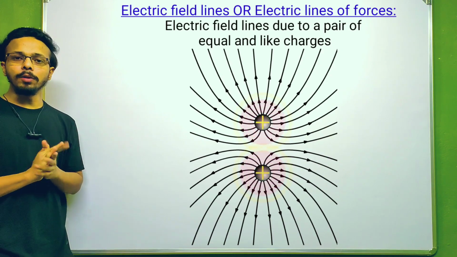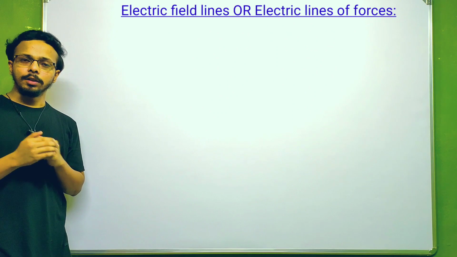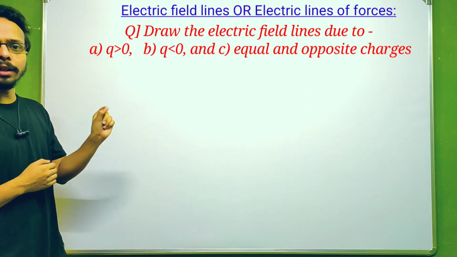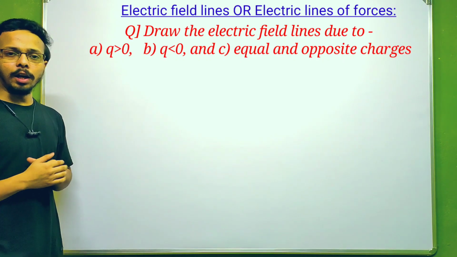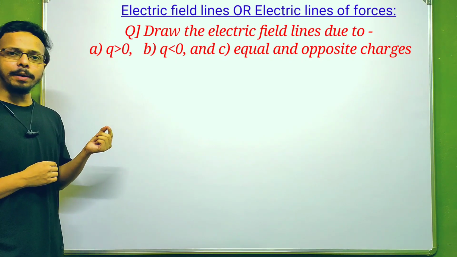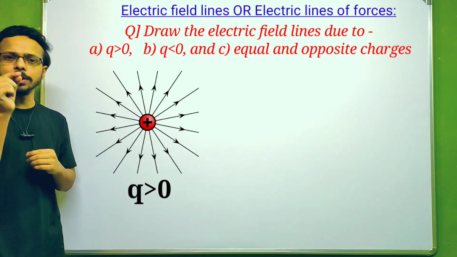Okay? So on this there might be an important question, that is, draw electric field lines due to Q greater than 0, Q less than 0 and due to the pair of equal and opposite charges. Now what does that mean? Q greater than 0 means positive charge, so we have to draw the electric field line configuration due to a positive charge.